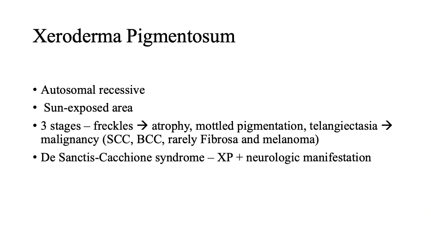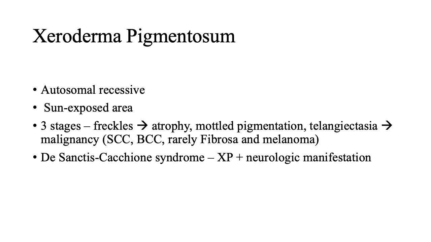Xeroderma pigmentosum is an autosomal recessive condition, usually affects sun-exposed areas of the body. This condition clinically follows three stages. First is freckles. Second, the lesional skin gets atrophied at places with development of mottled pigmentation and telangiectasia.